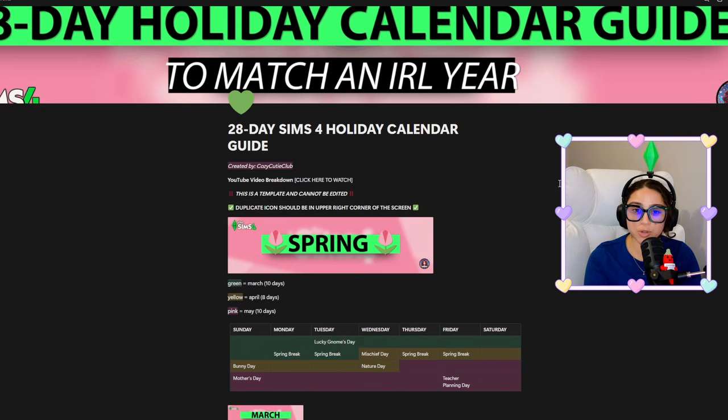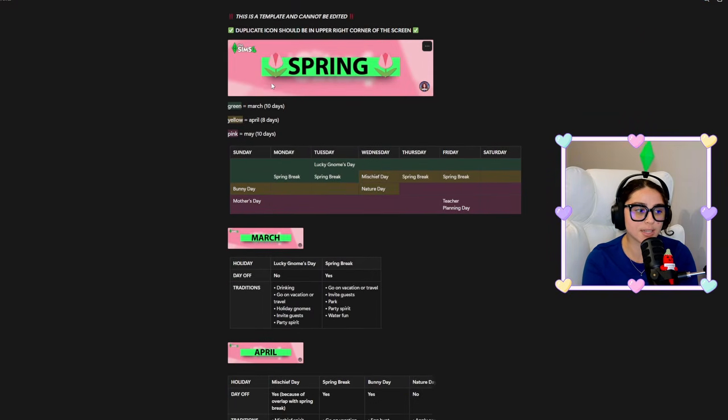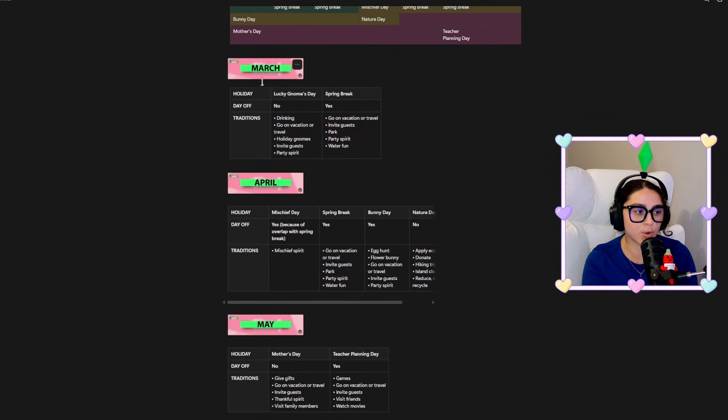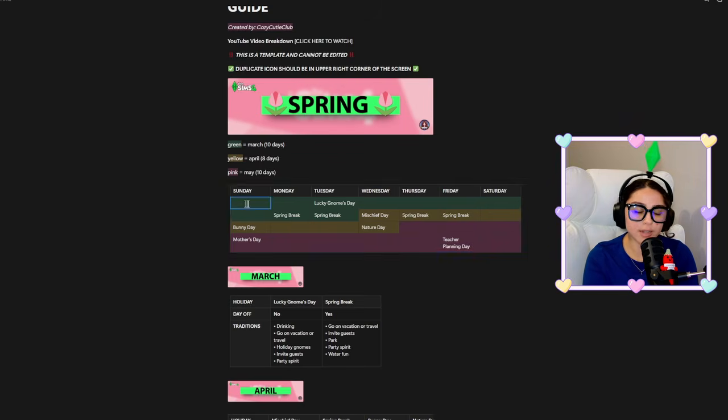It's pretty self-explanatory, so I'm not really going to go through everything in detail here, but basically you have headers to break out each season, and then within each season I broke out each month. Each season I have laid out in a table format, and then I color coded each month within each season in case you wanted to really easily and visually see the breakout.